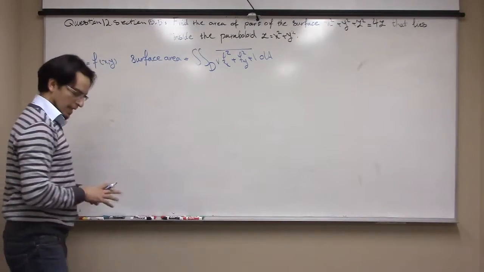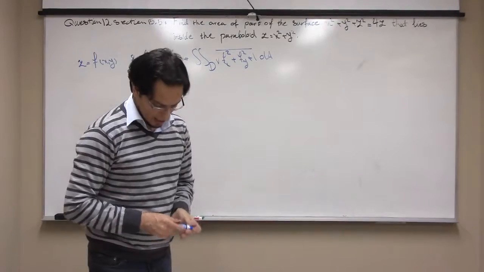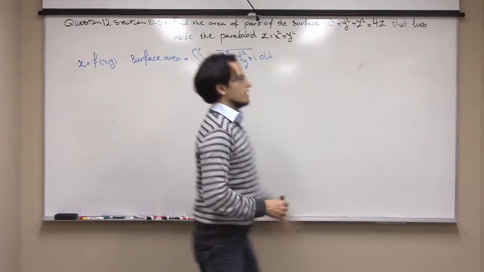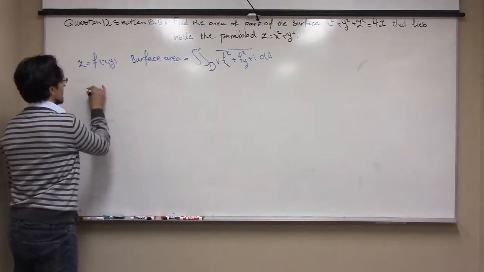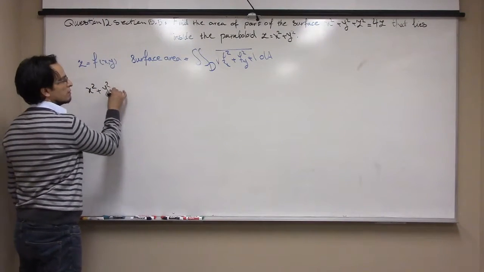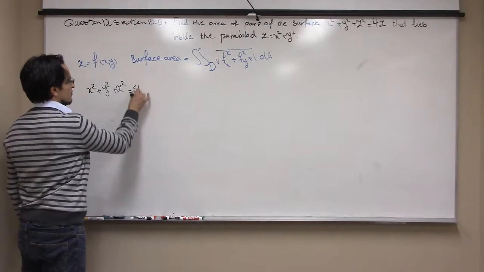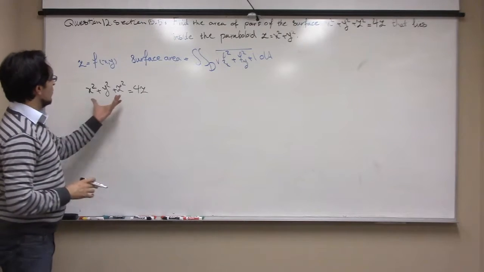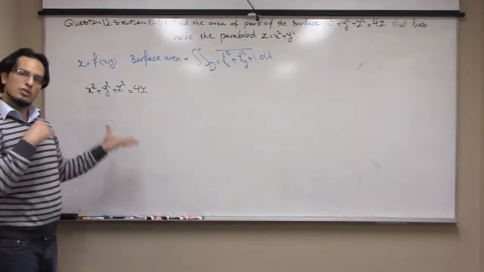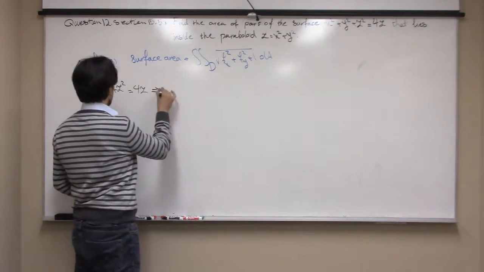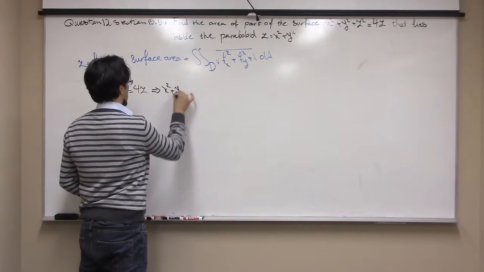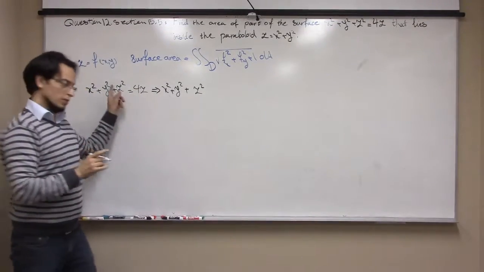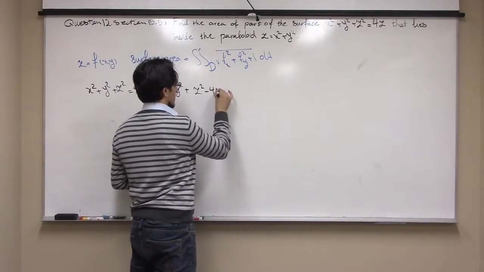So in this case, what is my function? There's an equation given here: x squared plus y squared plus z squared equals 4z. First you may ask, what kind of sphere is this? To see that I have to do some algebra. I bring 4z to the left hand side, so minus 4z.